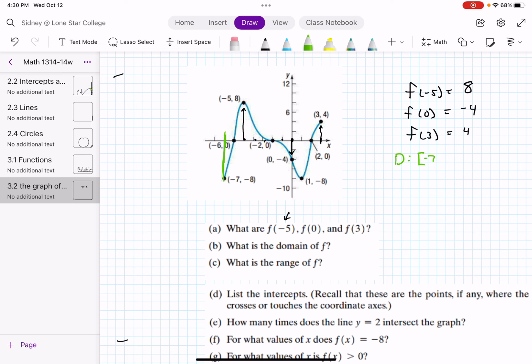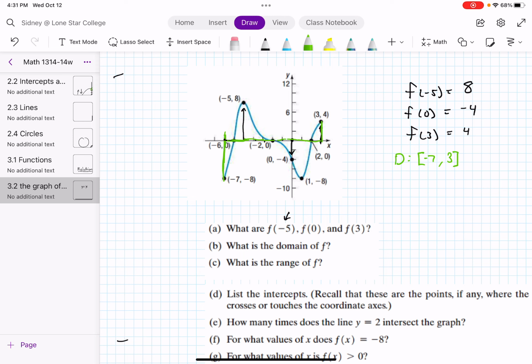And this chugs along the x-axis, and there are corresponding y values kind of all the way down this, all the way over to 3. You see right there, 3. And so what you have to remember is domain is all the x values used. Now this is a continuous graph. There are points all the way between an x value of -7 all the way to 3.